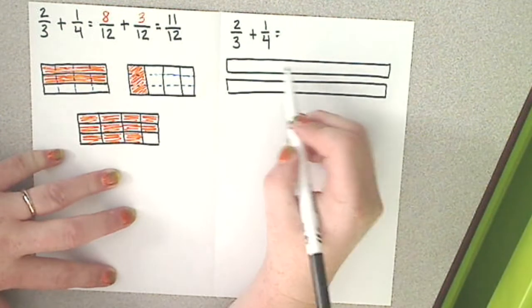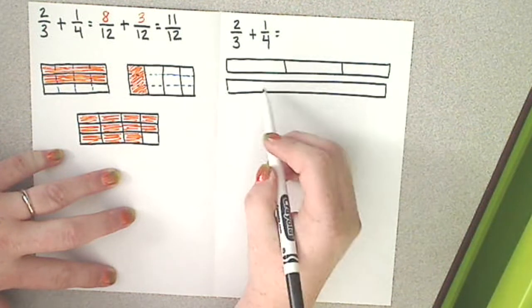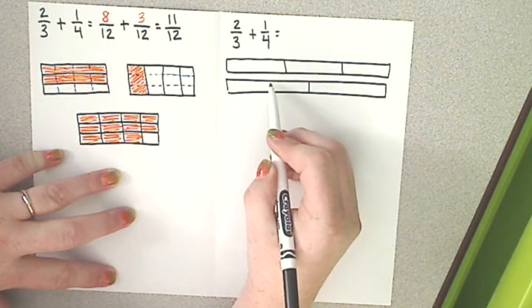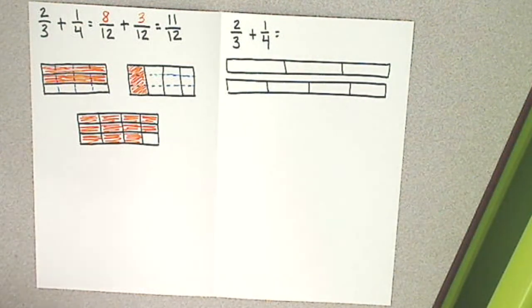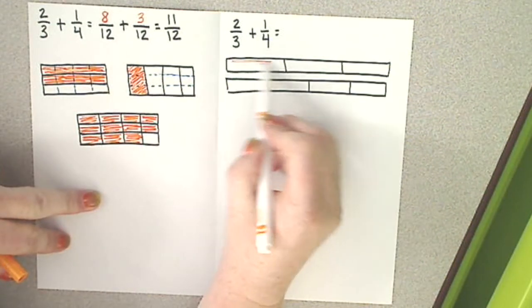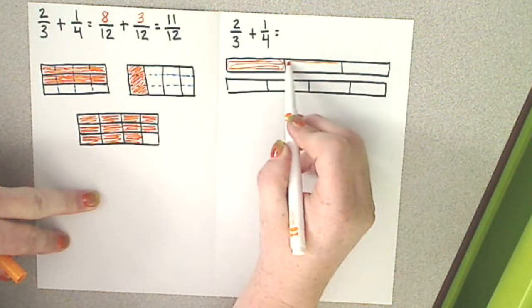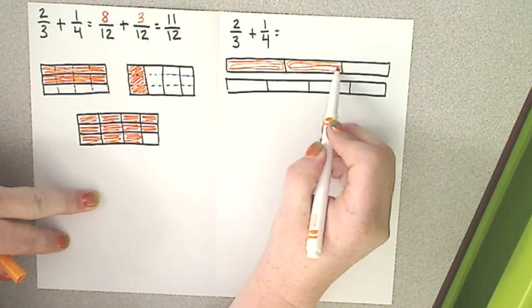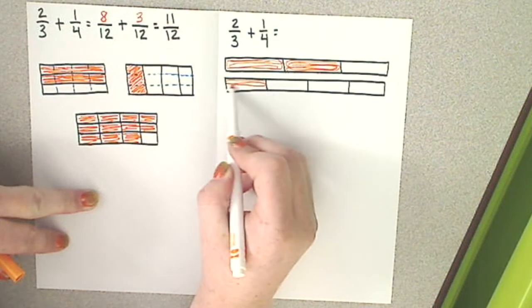Okay, I need to represent 2/3 and 1/4. So I'm going to split halves and quarters. And just like the first time, I'm going to shade 2/3 and 1/4.